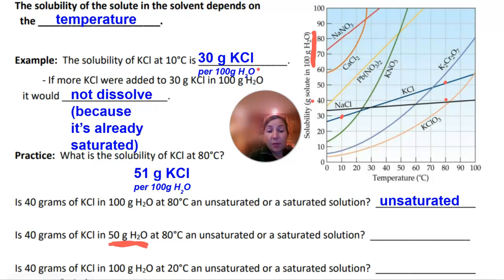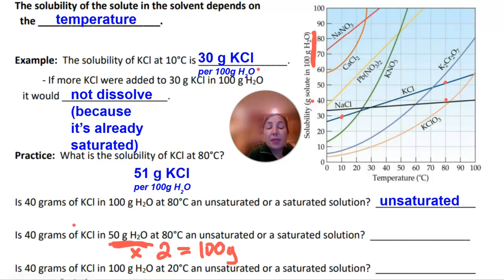The next question says, is 40 grams of KCl in 50 grams of water at 80 degrees Celsius an unsaturated or saturated solution? Now, that's a little trickier because what we want to notice is that our basis is twice this amount. Our whole graph is based on 100 grams of water, so we multiply by 2.